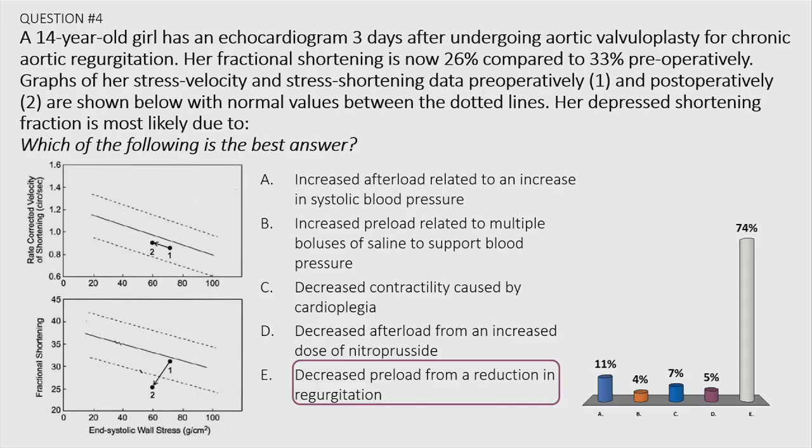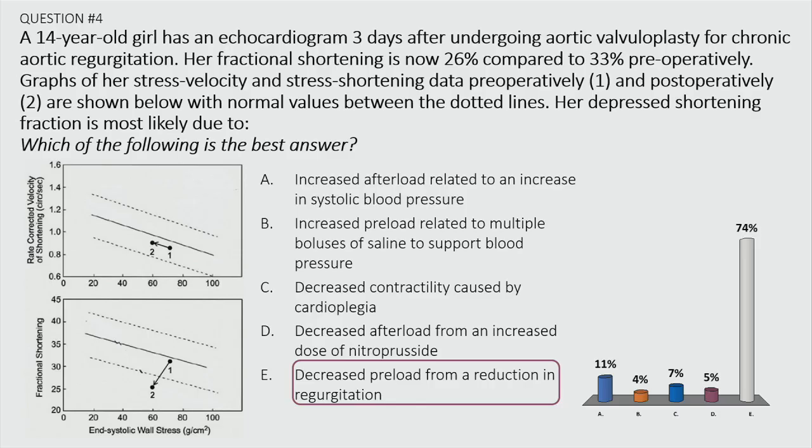Now on this graph, we have end systolic wall stress, which is a measure of afterload. And so we're taking that into account as well. And what you can see is from pre-op to post-op, we stay in the same spot on the graph relative to the normal bars, okay? And so what that's telling us is that contractility is staying the same too.